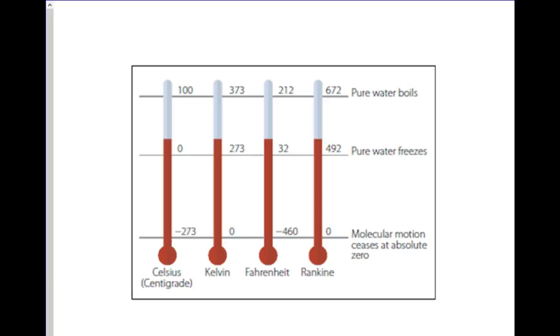How about we do this? So 0 Kelvin is equal to minus 273.15 degrees Celsius.